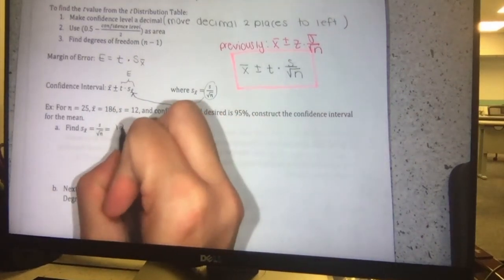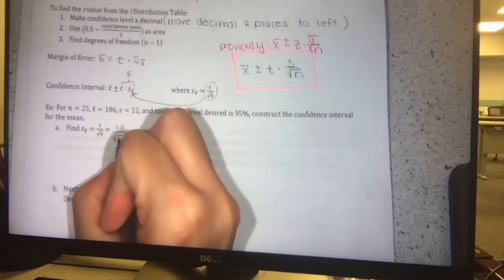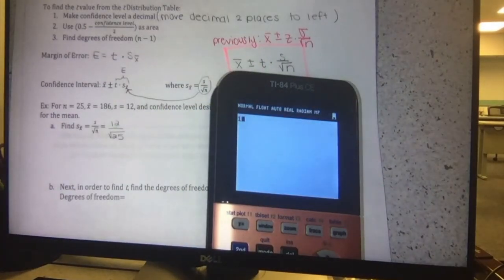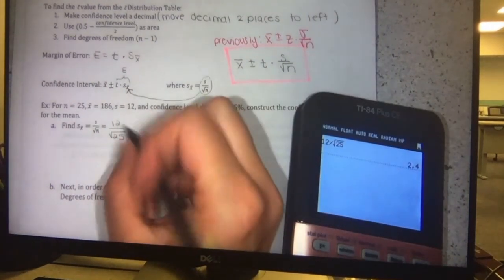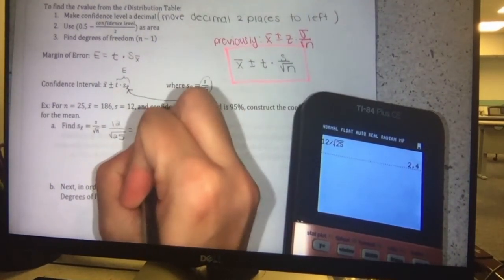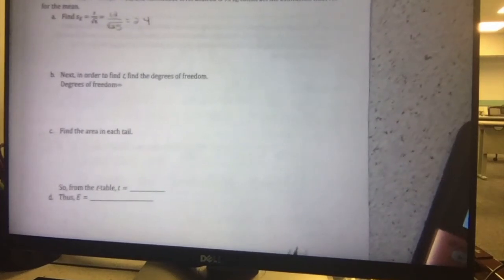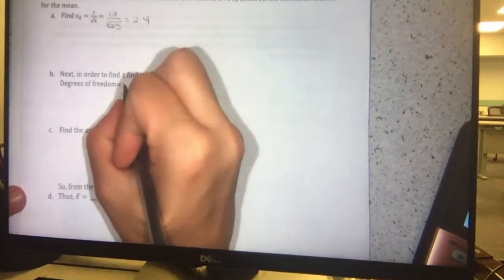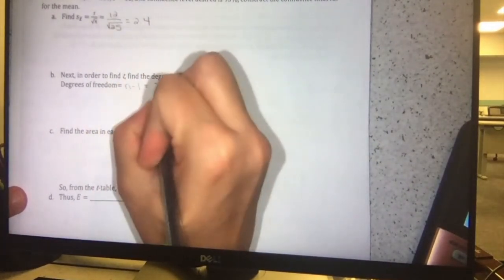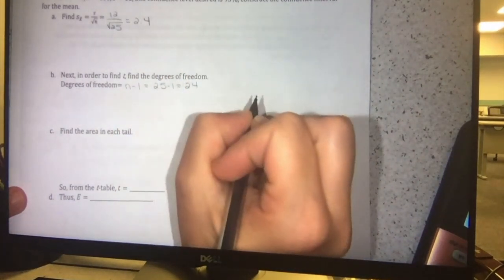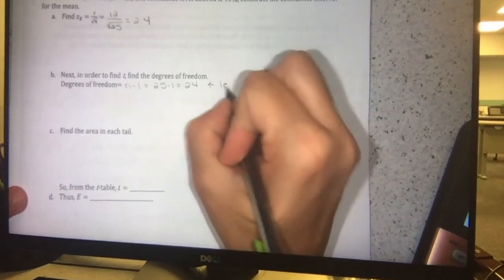So 12 over the square root of 25 is 2.4. Next, in order to find t on the t table, we have to find our degrees of freedom. Our degrees of freedom are n minus 1, so 25 minus 1, which is 24. And this is going to be the left column.